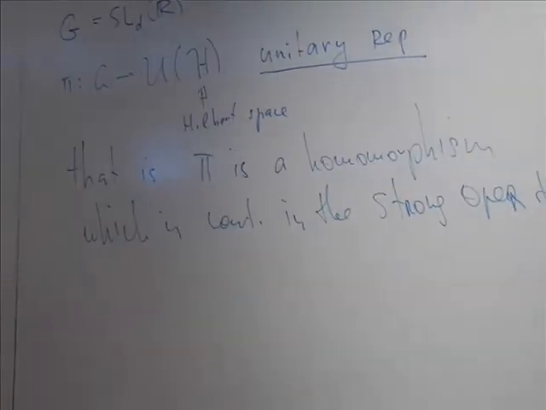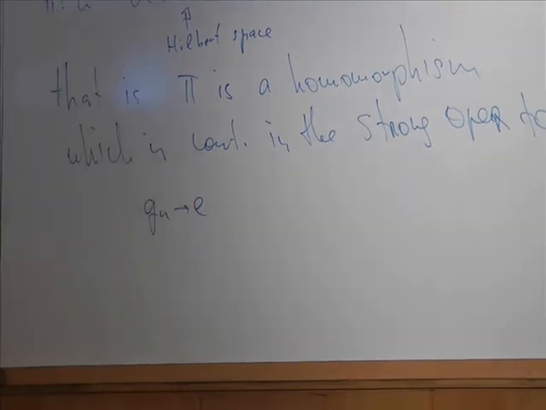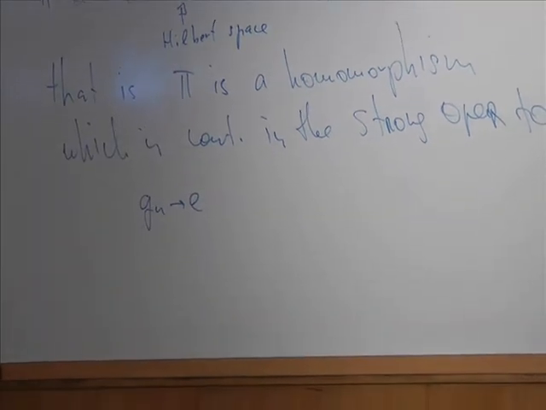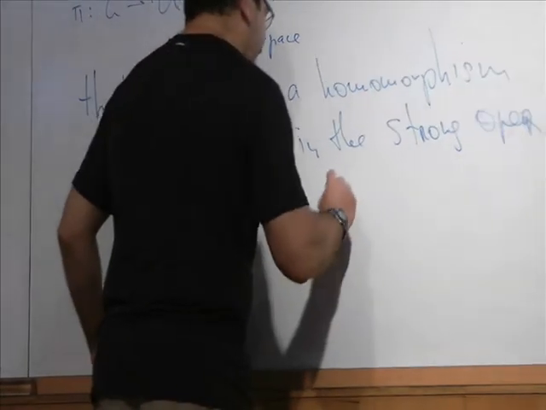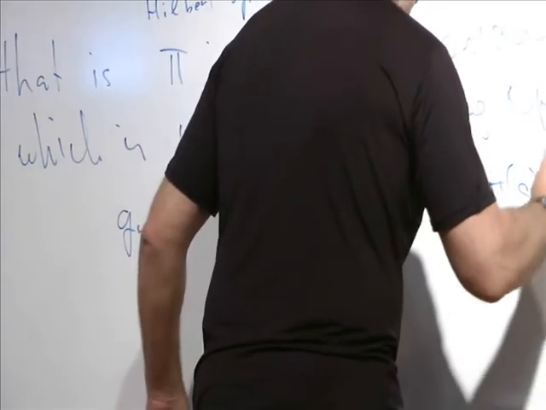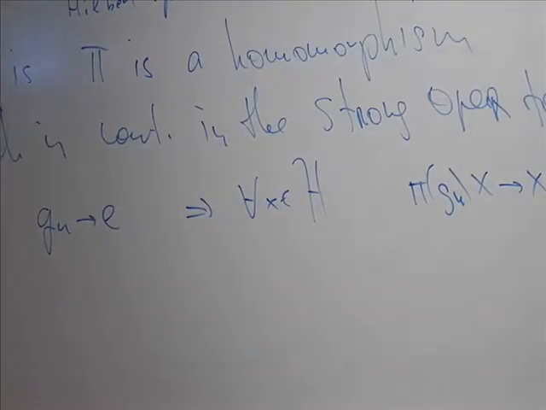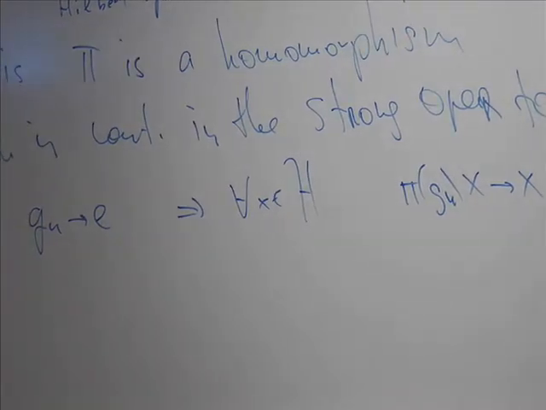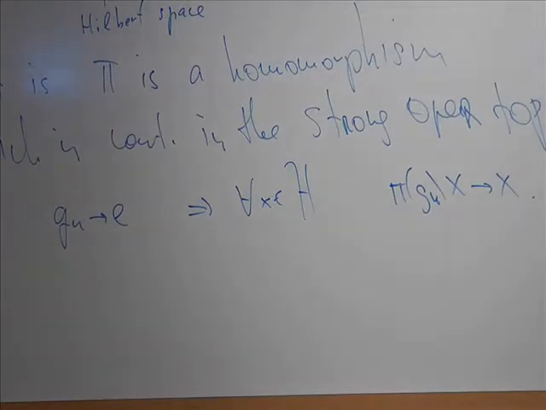What it really means is that if a sequence of elements g_n of the group converges to the identity, then for every vector x in the Hilbert space, φ(g_n)x converges to x in norm. Okay, this is the assumption. You will see that this is really crucial for what I say.